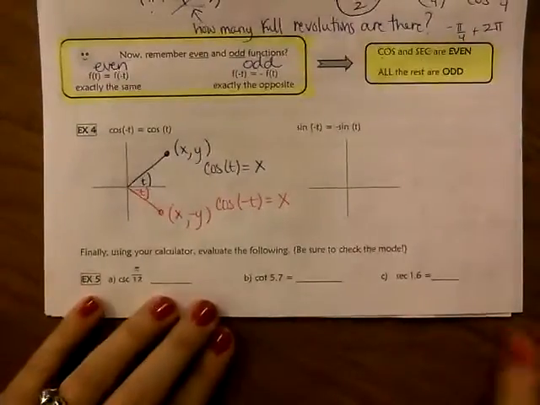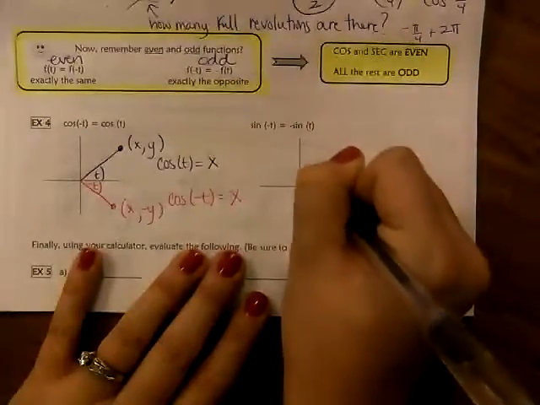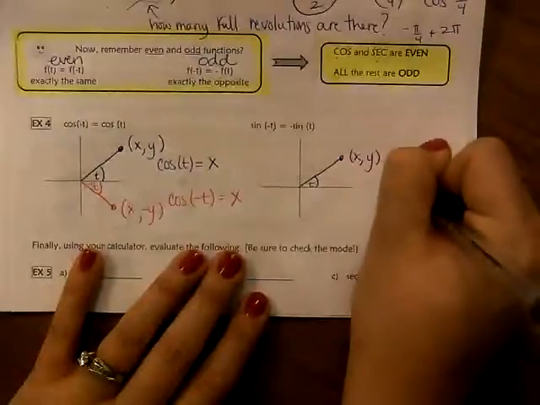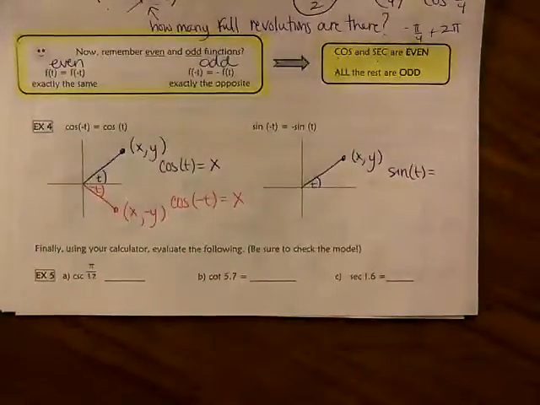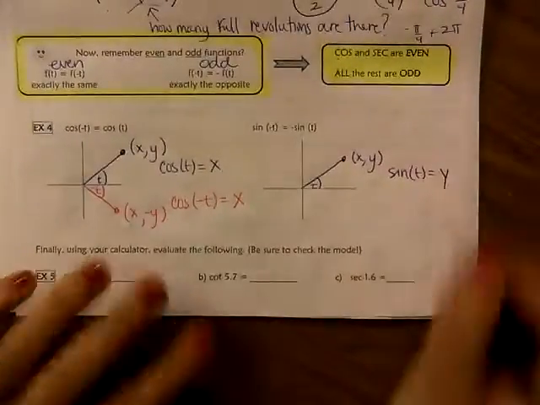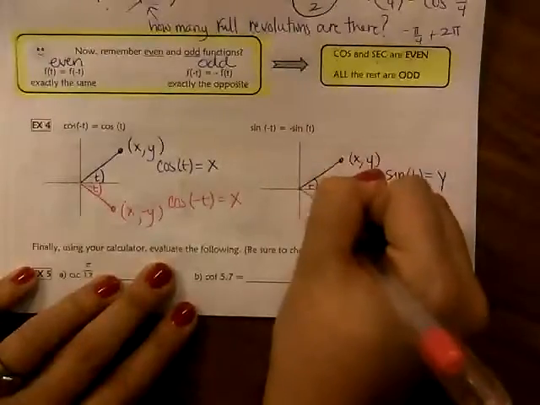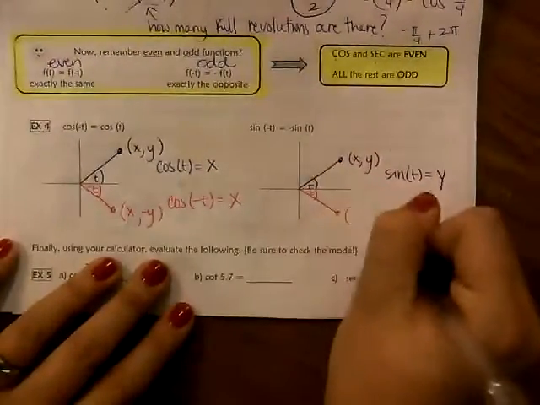Okay? Now let's look at the same idea but with sine. So now if I take a look at angle t again, I produce this coordinate of x, y. What is the sine of t? It's just y. It's just the y coordinate. Right? Now if I plug in the negative angle, the same angle but negative, negative t, what happens to my coordinate?